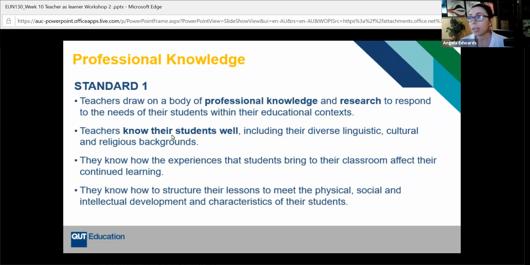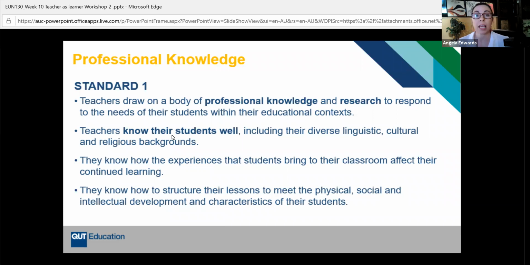The second point: teachers know their students well, including their diverse linguistic, cultural and religious backgrounds. So this second focus is one that would involve close communication and collaboration with parents and carers, with the community.